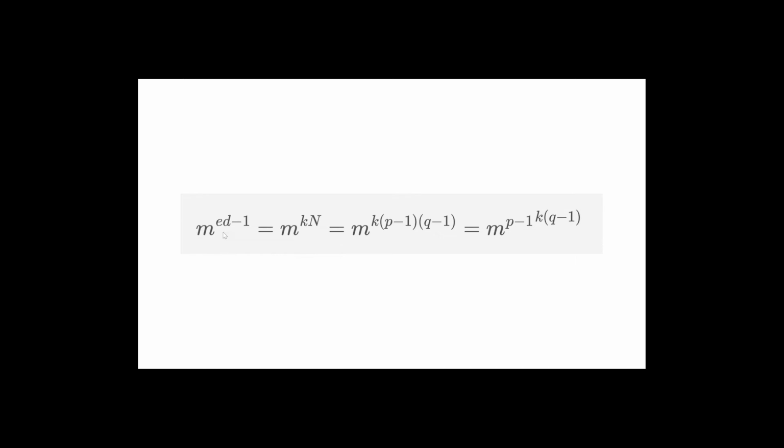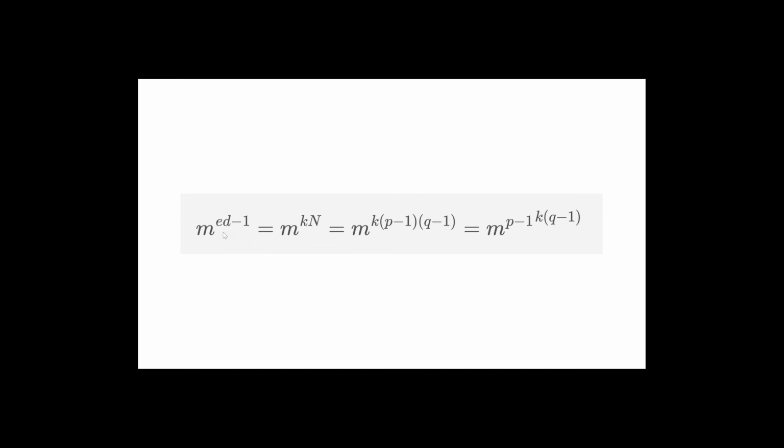We use the fact that if you have a product of exponents, it's the same as moving the exponent out, raising it up. So x power ab is equal to x power a, and the whole thing power b. And so we can move the exponent out, and that gives m power p minus 1, the whole thing, power k times q minus 1.